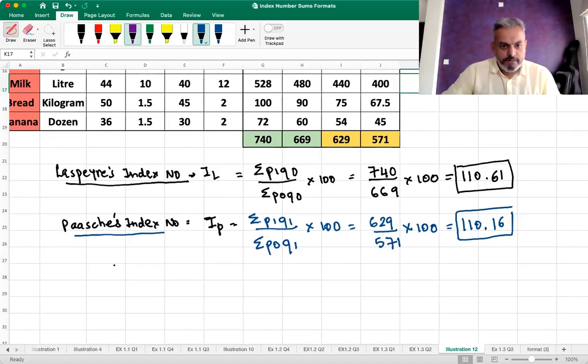And then the third one, Fisher ideal index number.